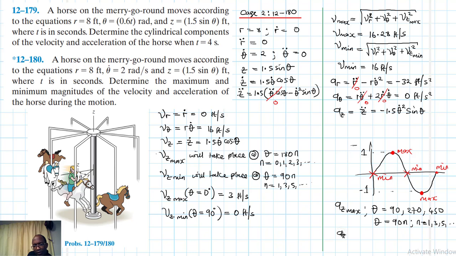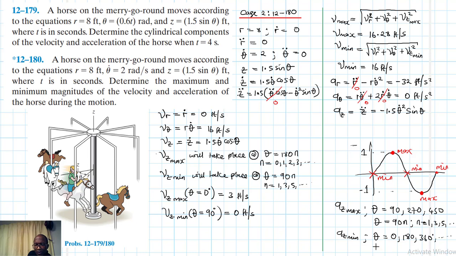Then AZ minimum, we have theta equal to 0, and then 180, okay, then 360, and so on, right?